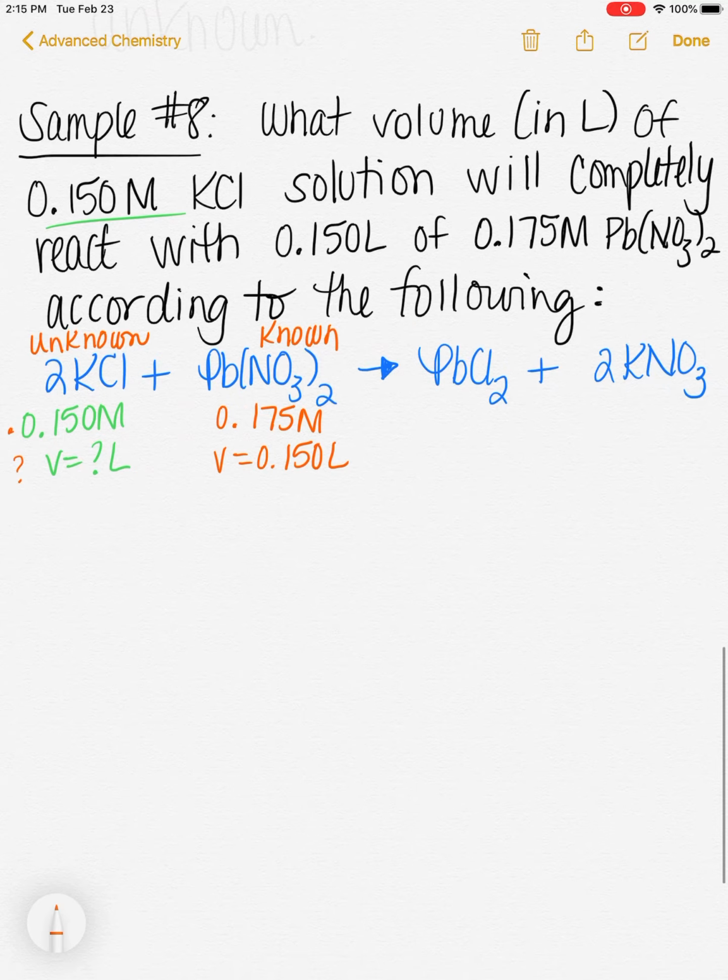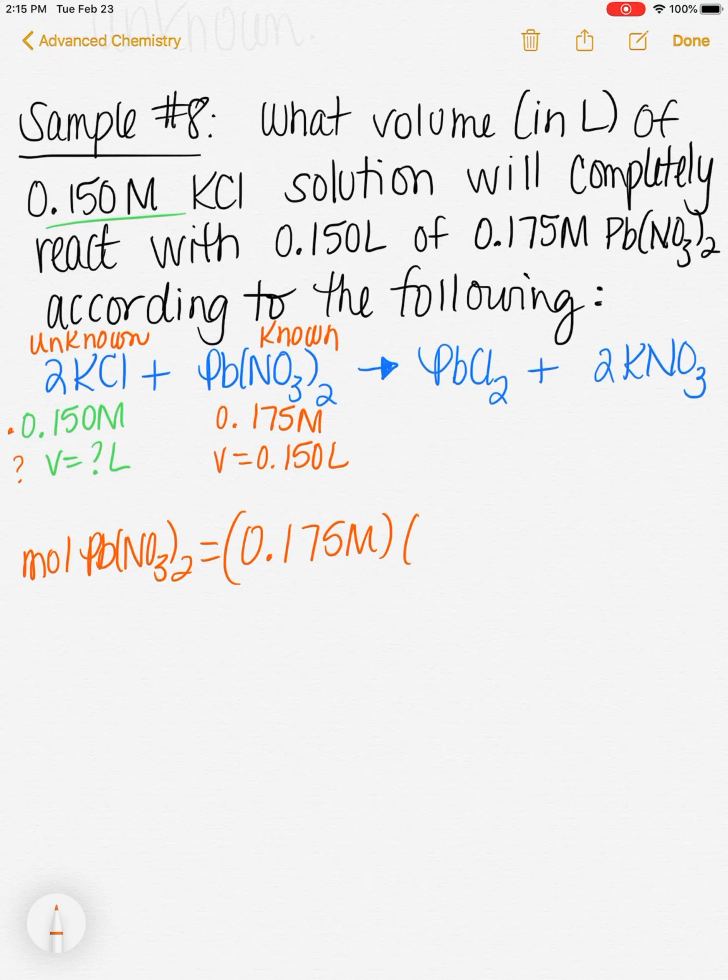So, my known, I said, was lead 2 nitrate. So I'm going to find the moles of PbNO3 by taking the molarity, which is 0.175 molar, times liters. And in this case, they already gave us the volume in liters. A lot of times they might give it to you in milliliters, so you would have to change to liters. So they said there's 0.150 liters.